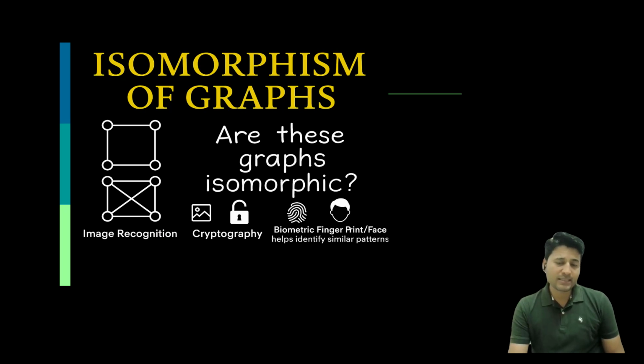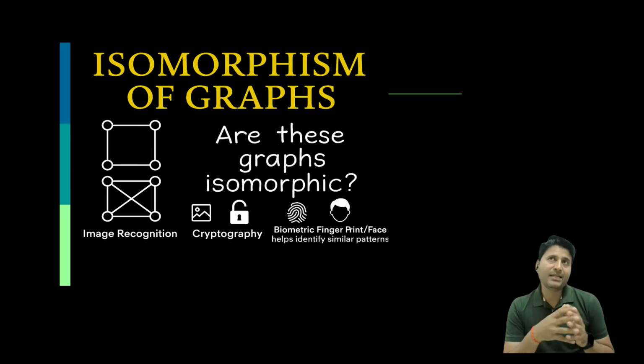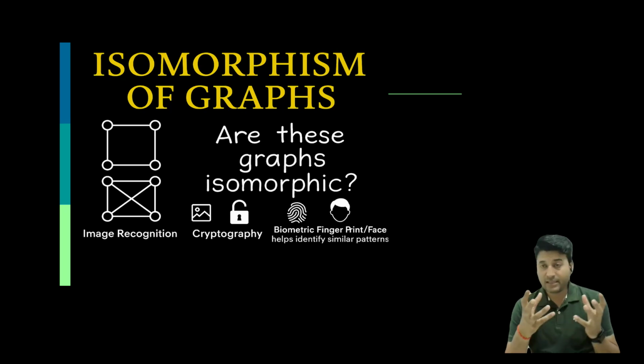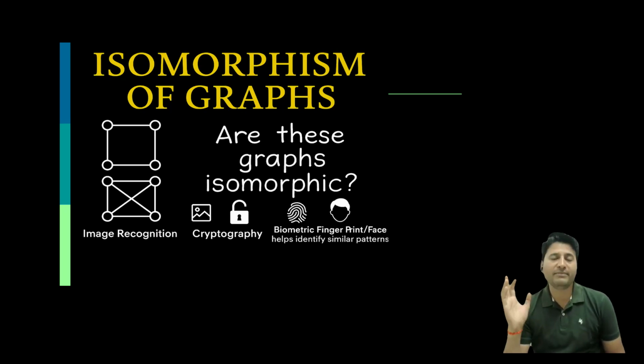Now let us try to understand what exactly we mean by graph isomorphism. Basically, two graphs, or in general two shapes, are isomorphic to each other if they have each and every characteristic the same between them, except the shape.